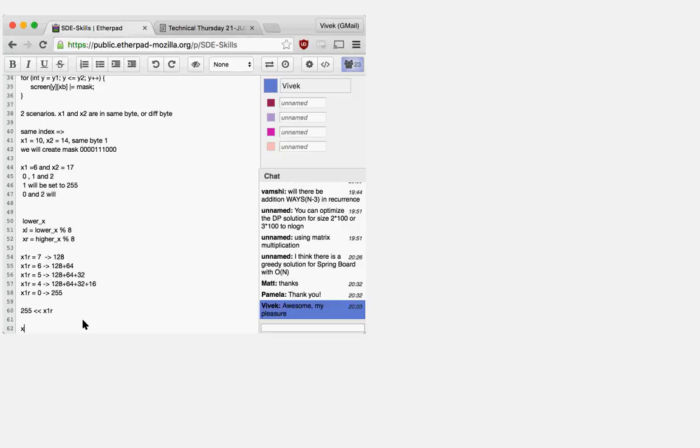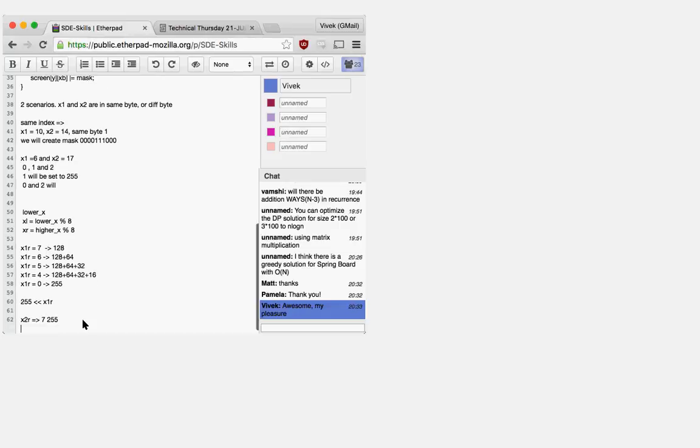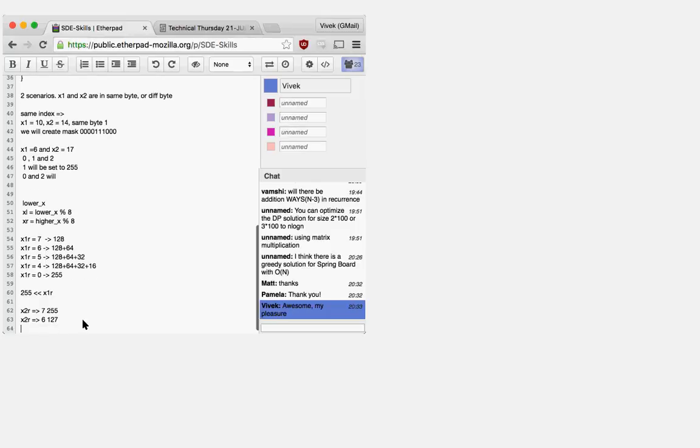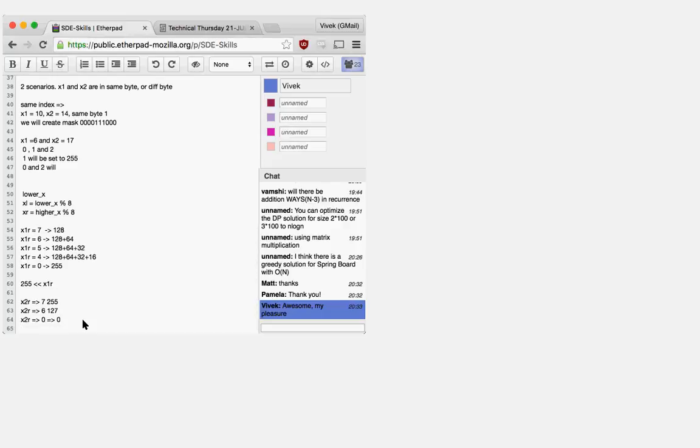For the right one, essentially what you want is for x2r, if x2r is 7, then you want it to be 255. If x2r is 6, you want it to be 127. If x2r is 0, it should be 1.